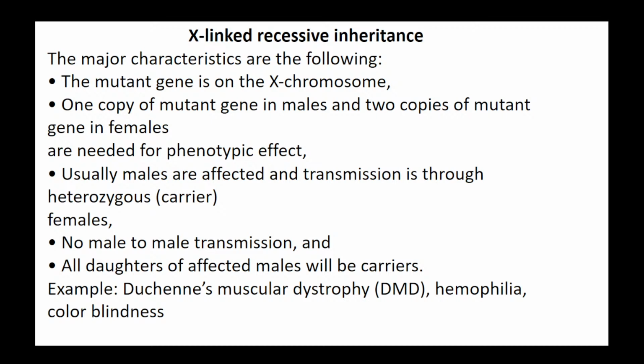So we call these females carriers. No male-to-male transmission, and all daughters of affected fathers are carriers. Examples of X-linked recessive inheritance are Duchenne muscular dystrophy, hemophilia, and color blindness.